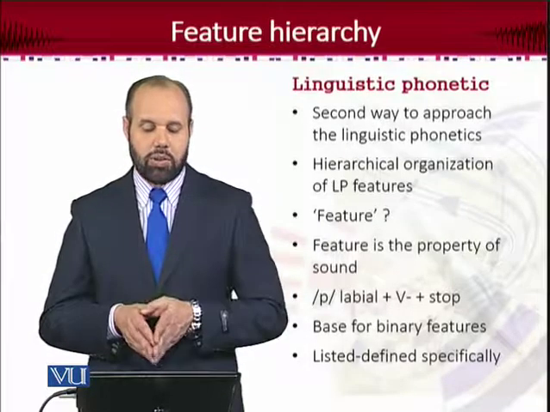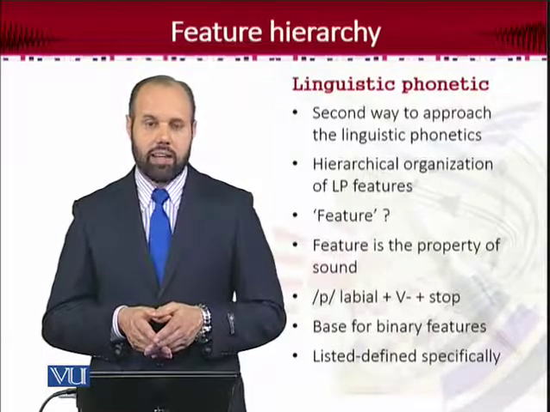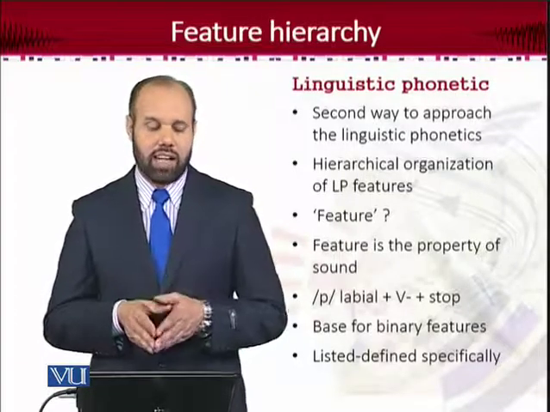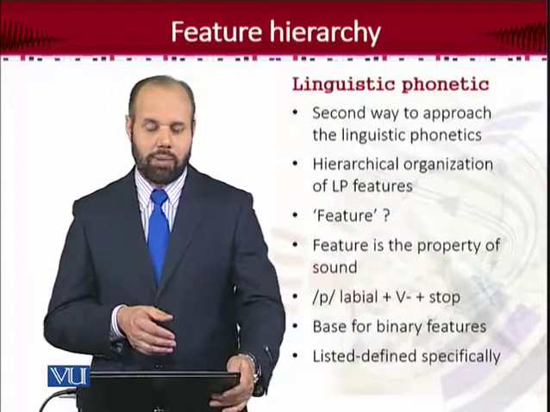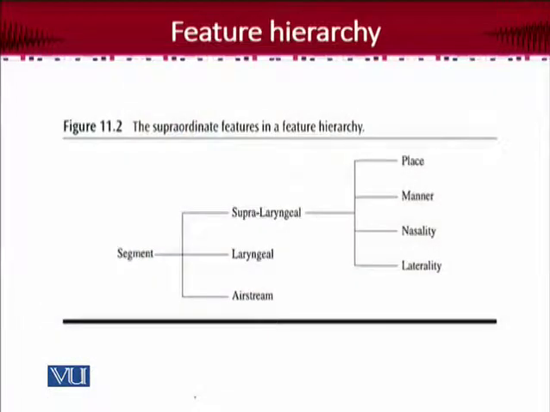So let me take you to an example of a feature hierarchy, and you would know something more about it. This is the superordinate features in a feature hierarchy, right? And you see that a segment could be any segment, like P, as we discussed. It's a segment which has features.